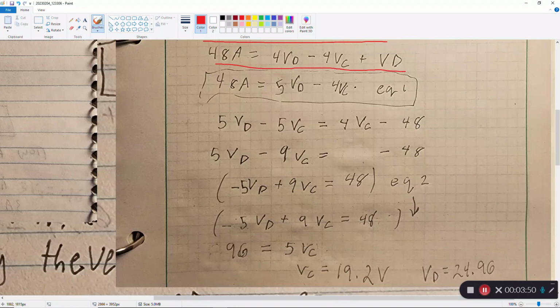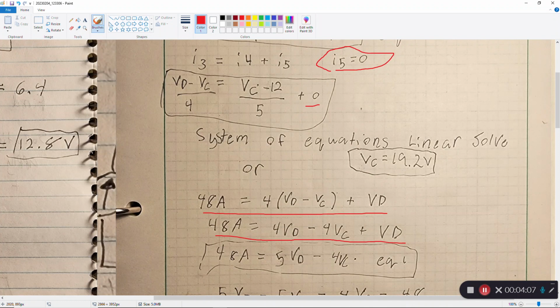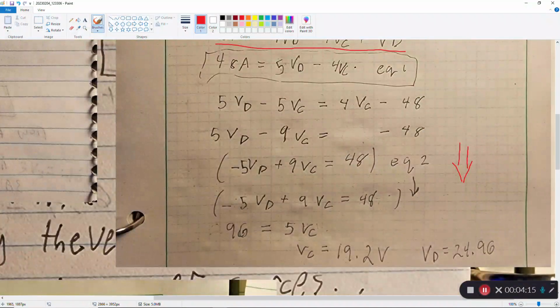I don't remember, but I had to go through it, which wasted more time. But I did it anyways, just to show that I know how to do the algebra. And so I got the same number, 19.2, as the calculator gave me with the system of equations linear solve, which is 19.2.